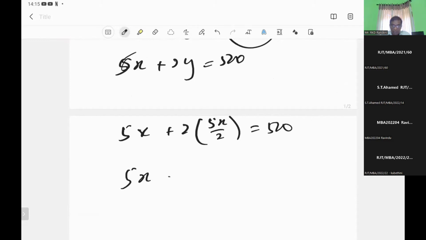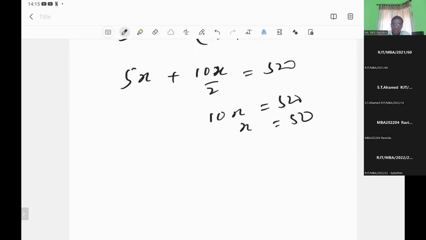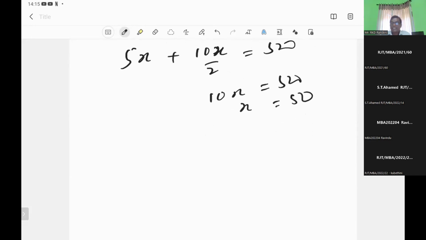Then 5x plus 5x, that is 10x, equals 500. That same figure you can get: x equals 50. You can substitute x, then you can get y, right? Likewise, you can simplify.